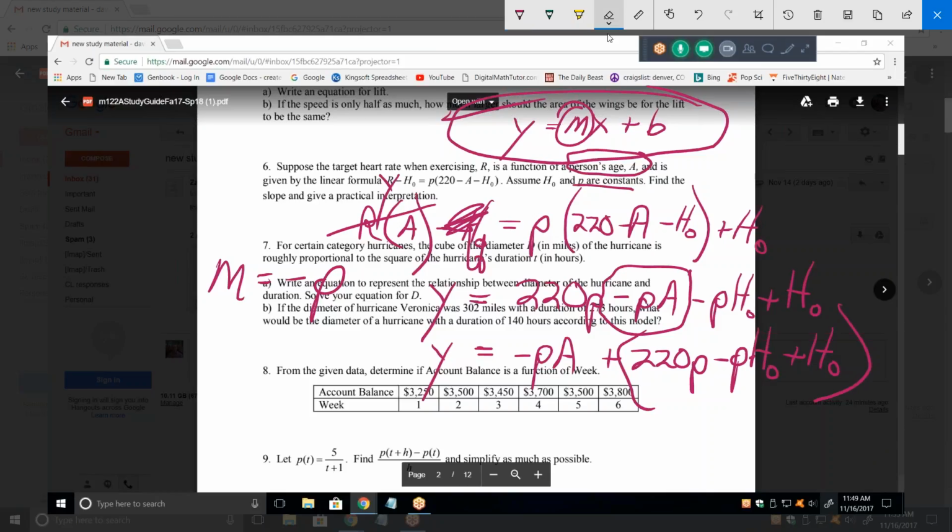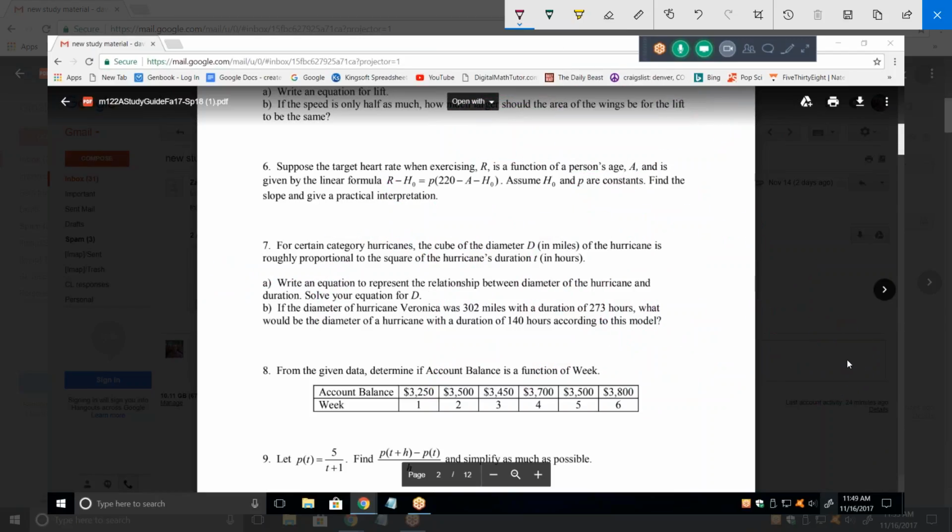Now find the slope and give a practical interpretation. Well, what does slope tend to mean? Rate of change, right? And they're saying that p is a number. Of course, it doesn't have to be a positive number, although since minus p is the slope, let's draw a graph.